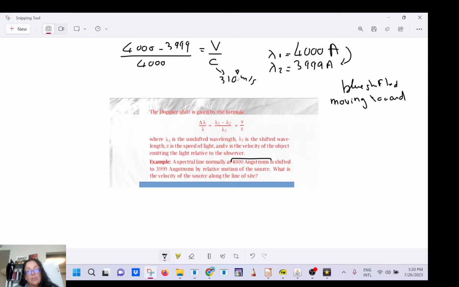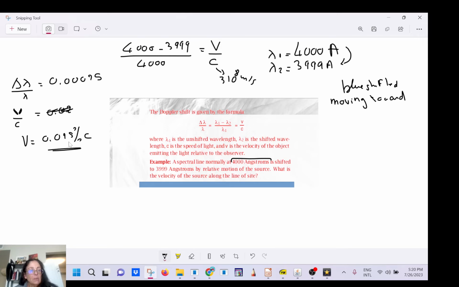You can pause the video and see what you get. I got, okay, so that's the relative shift, 0.00025. That will be the speed of the source relative to the speed of light. That means the speed of the source is about 0.025% of the speed of light.